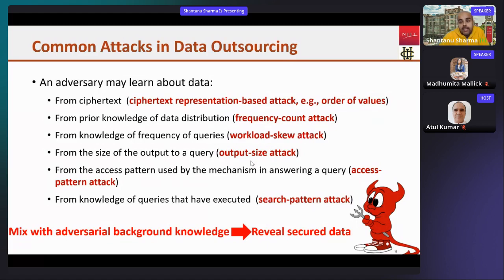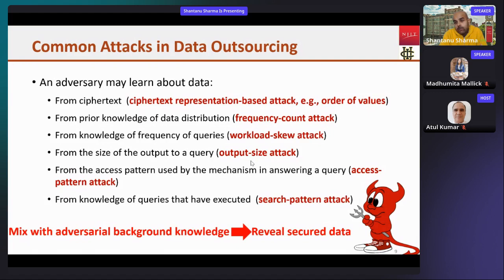The encrypted data can also reveal the ordering of the values, meaning it can tell where the maximum salary of an employee is, and which is the minimum salary. This type of leakage or attack can happen directly over the data without executing any queries. This is known as the ciphertext representation based attack.